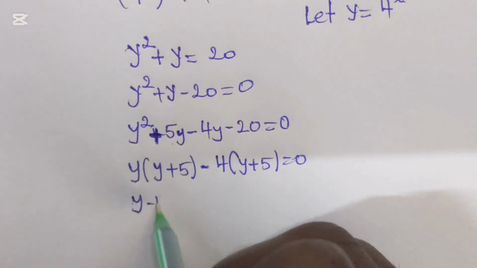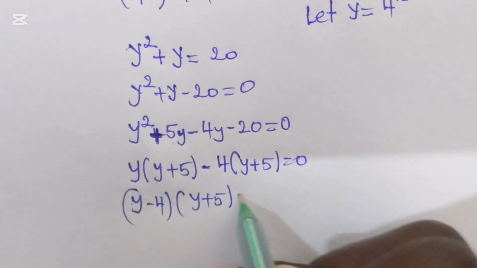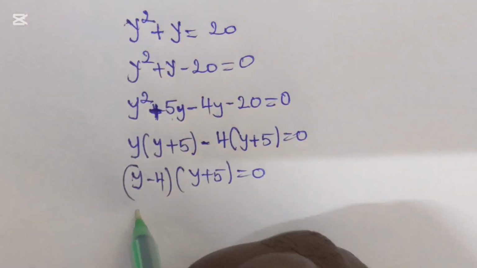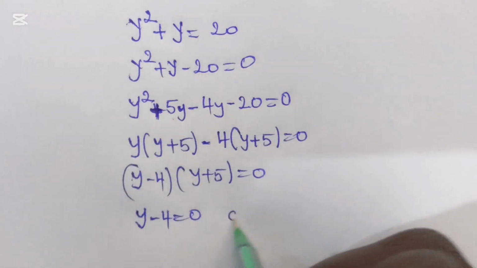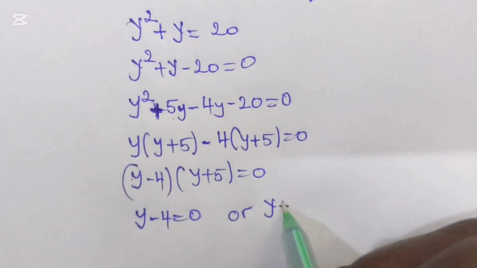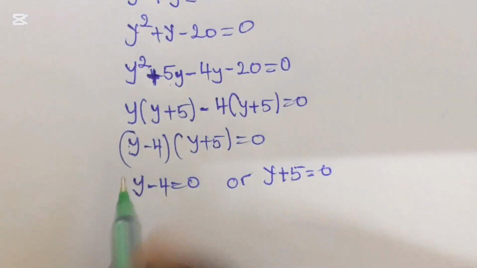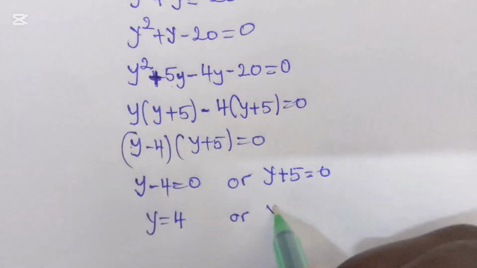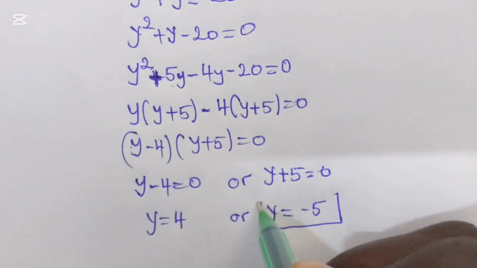Then y minus 4 and y plus 5 will be 0. Then y minus 4 will be 0, or y plus 5 will be 0, whereas y equals 4 or y equals negative 5.